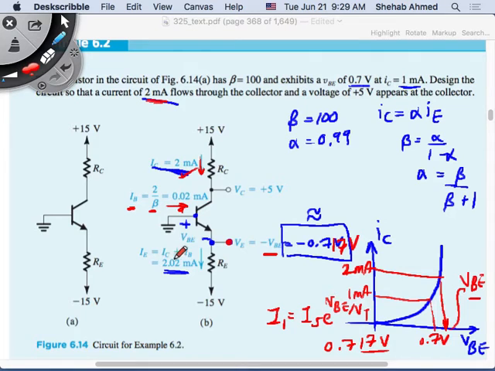If we know the base current and the collector current, we can find the emitter current, or you can find the emitter current directly from the relationship between the collector current and emitter current, which is alpha, right? So now we know the current here, the current here, and the voltages. Then the condition was that 2 milliamps flows in the collector, and the voltage of 5 volts appears at the collector. So this voltage they gave us to be 5 volts. So now everything is defined.